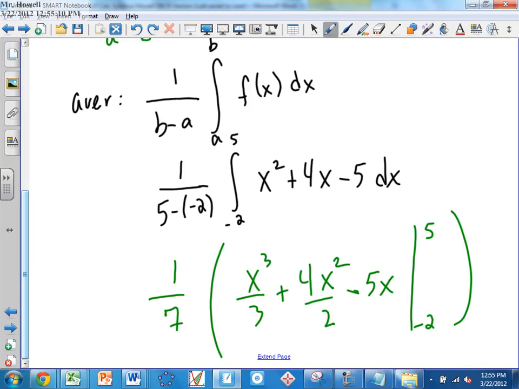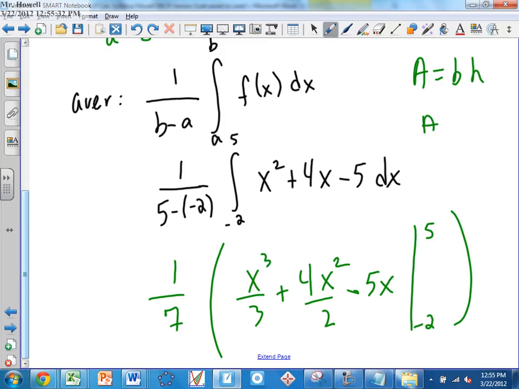The width of the function is 7. It goes from -2 all the way up to 5. That's 2 units and another 5 units. So you're really taking the integral divided by the width. Area equals base times height, doesn't it? The integral is the area, and if I divide by the width, it's like dividing by the base.